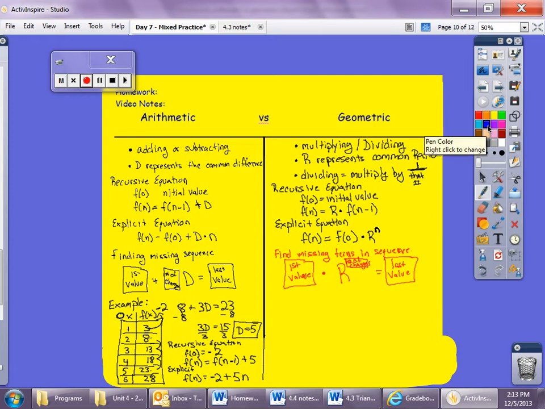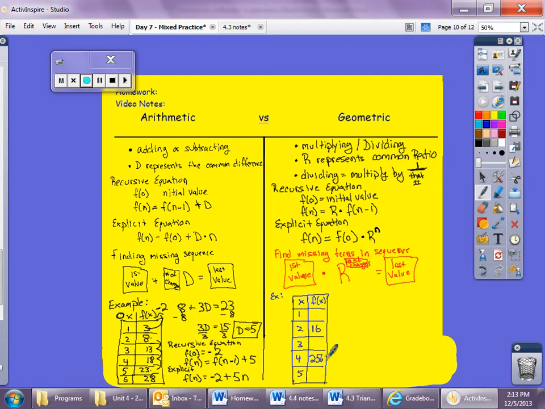So if we take a look at a quick example here, hopefully you still have a lot of room on your paper. So our example, if we have our table, we have x, f of x, and we have 1, 2, 3, 4, and 5, and I say that we have 16 is right here and 256 is right here.